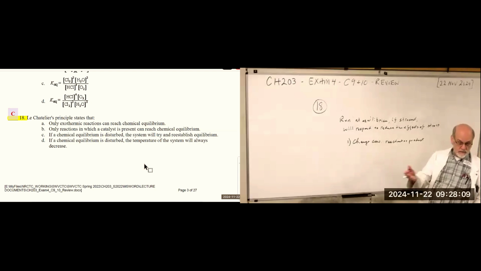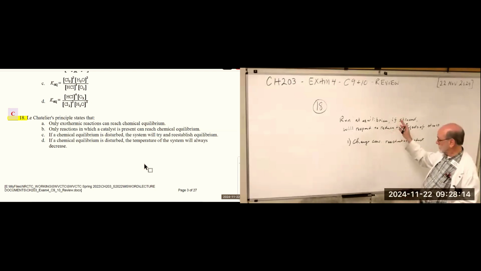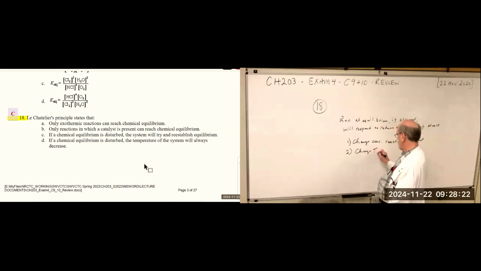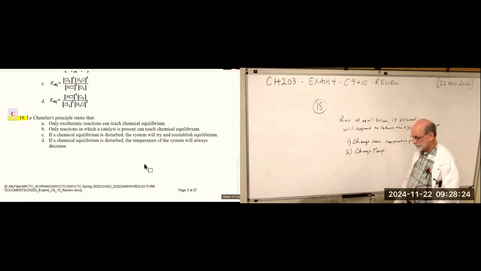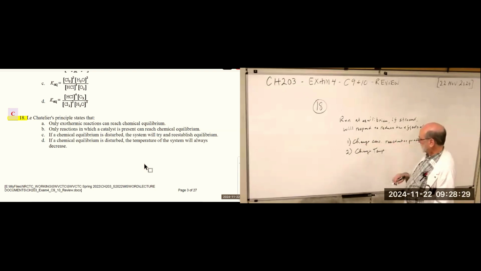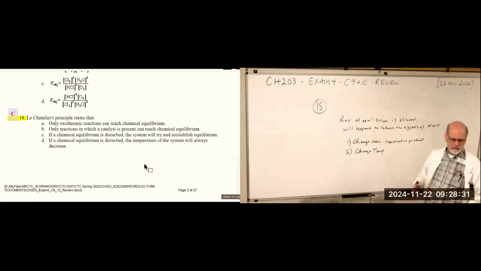That could be addition or subtraction, removal or addition, and that will stress the system. How about change temperature? Right? This one's easy to work with. How about what does change temperature do?